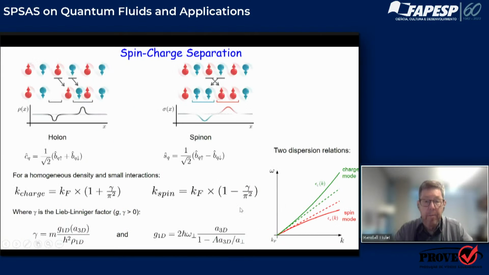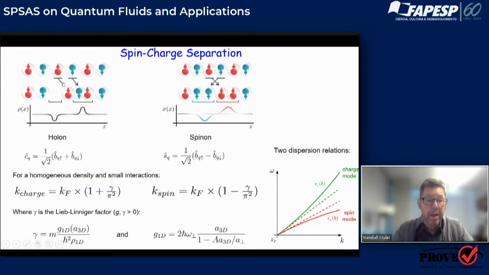All right, when these low energy excitations occur, there are actually two kinds of excitations in one dimension. One is called a holon, and the other is called a spinon. As you can imagine from the names, one has to do with charge or density excitation, and the other has to do with spin excitation, an excitation which carries an excess of spin.